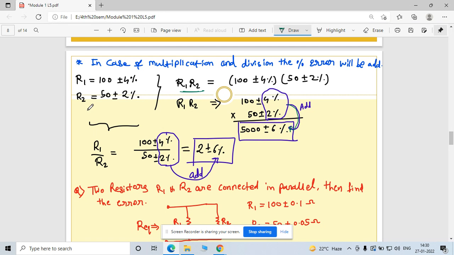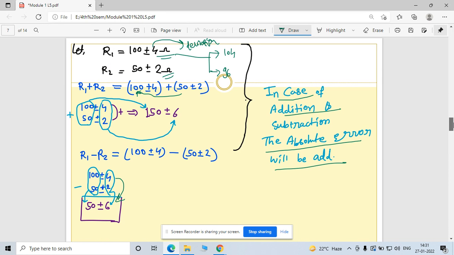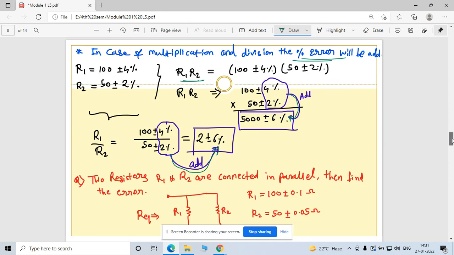When I take the division of these two readings, same concept, the percentage error is directly added, and divide: 100 divided by 50 is 2. So 2 plus minus 6%. So these two concepts are very important when you solve your numerical problems.